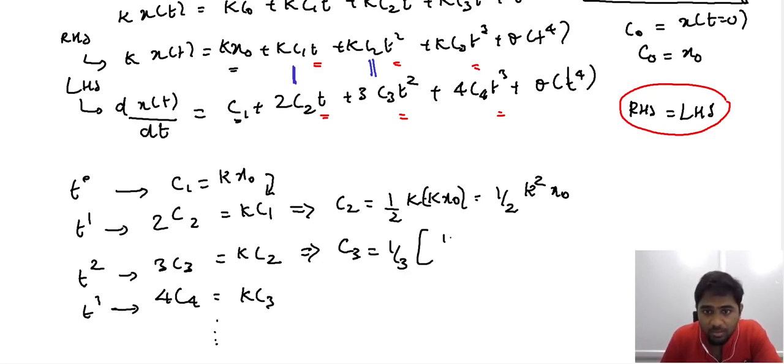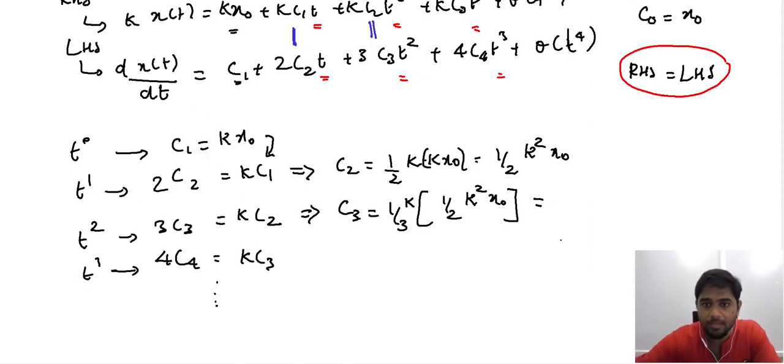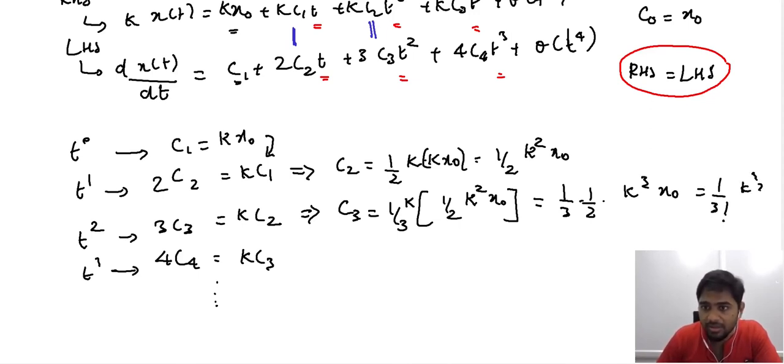C2 is nothing but 1 by 2 K square x naught, so we substitute C2, and there is a K here. What we then end up having is 1 by 3, 1 by 2, K cube x naught. So 1 by 3 and 1 by 2 we can write as 1 by 3 factorial K cube x naught.